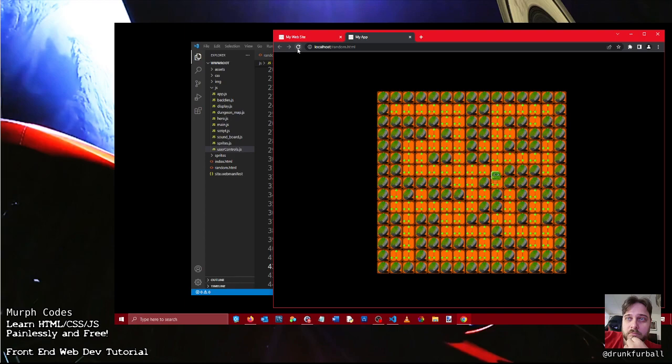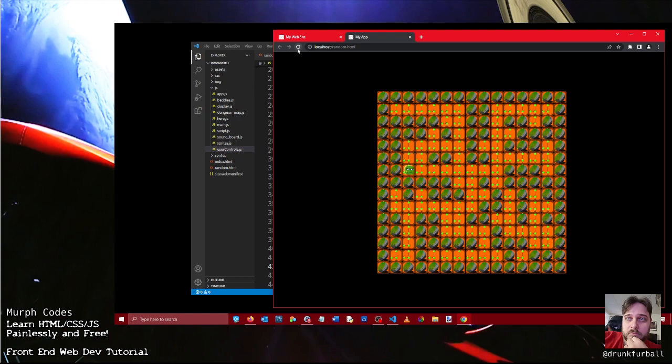We also kind of bounce off the walls if we run into them hard enough. Anyway, so our little green slime cube is contained inside of the maze.